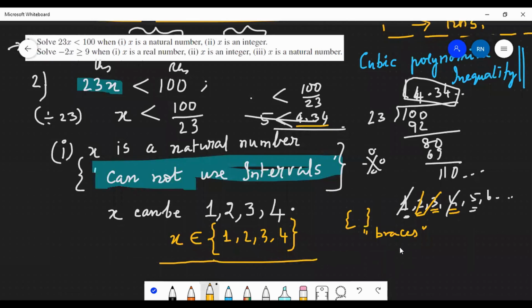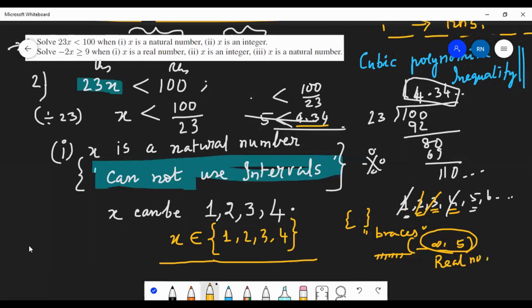What does the interval mean? Suppose I am writing the interval minus infinity to 5. What is the meaning? There are infinite real numbers in the interval. That's why on the number line we do shading continuously. Here we cannot shade.